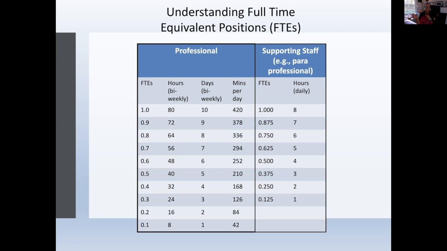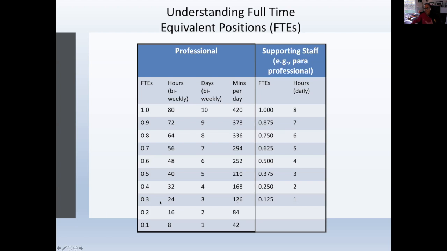If I'm 1.0, a full-time employee, but my allocation at school A is 0.7 and my allocation at school B is 0.3, that makes me full-time, but I'm split between two schools. You have to understand how to quantify that split.